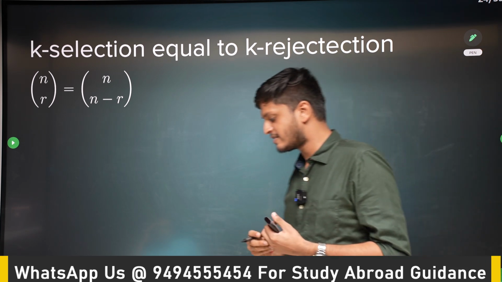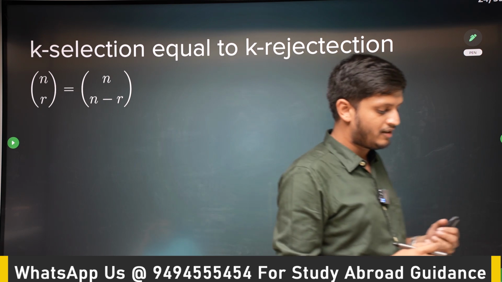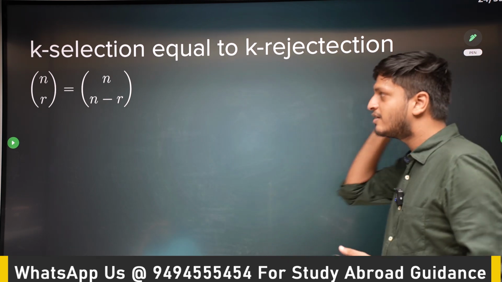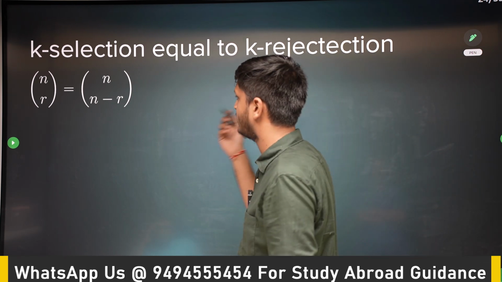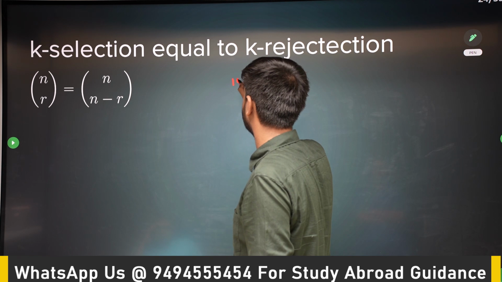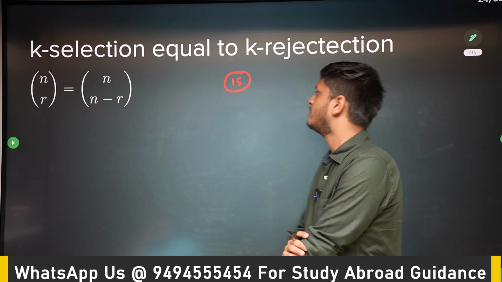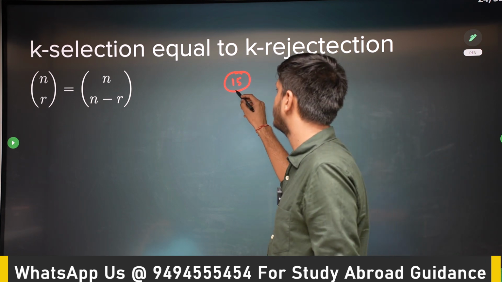Now the next axiom that we have in combinations, very simple: K selection is equal to K rejections. Why so? Let's go to the cricket example. A 15 people team got registered for every country in the World Cup. Every match 11 people play.